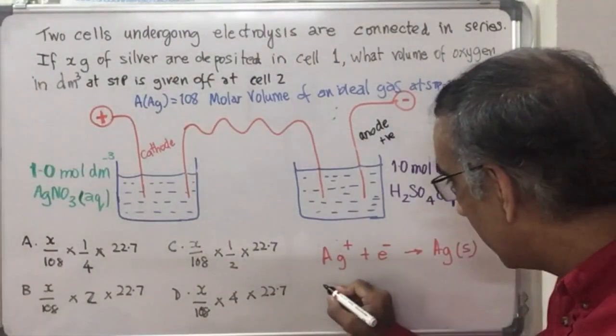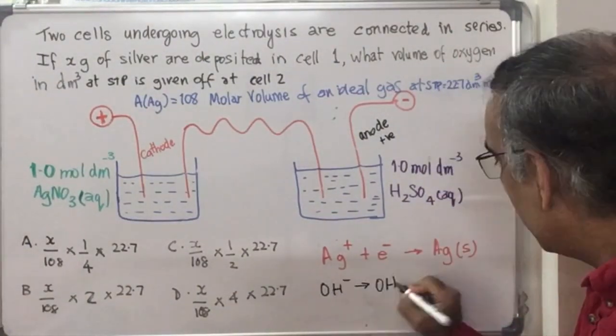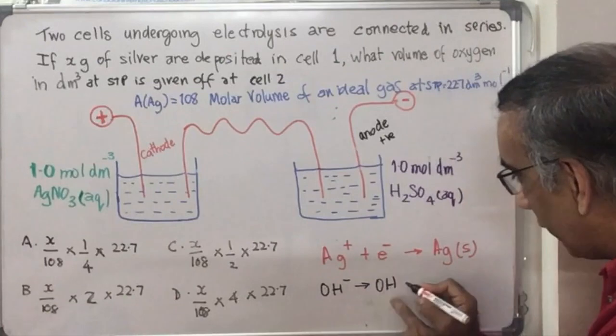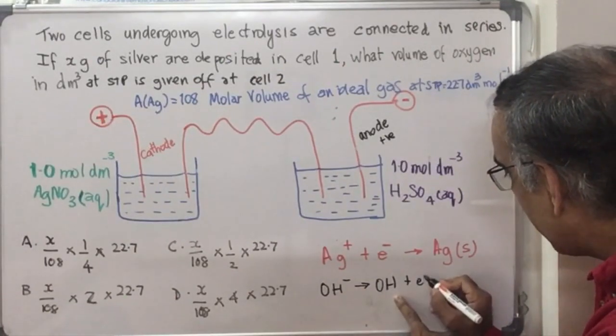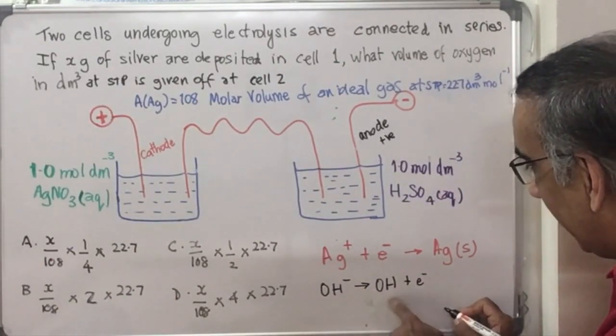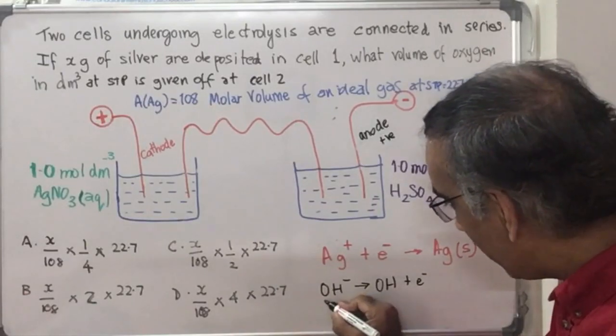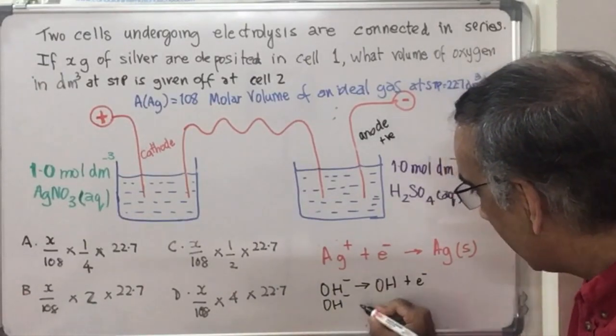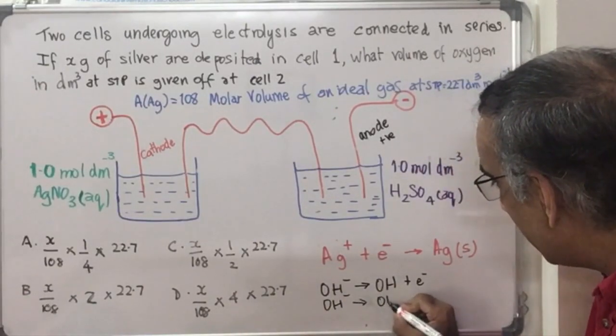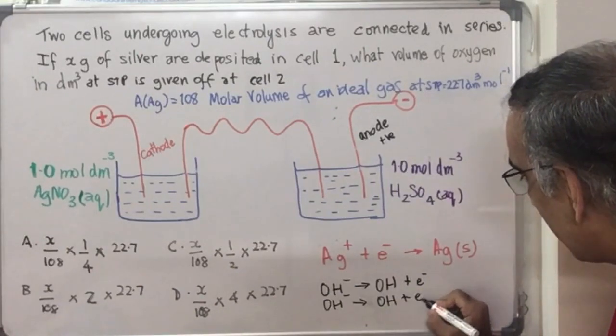This is where, if you have sulfuric acid, you're going to have OH negative going to form OH plus an electron. And then you'll have another OH negative going to form OH plus an electron.